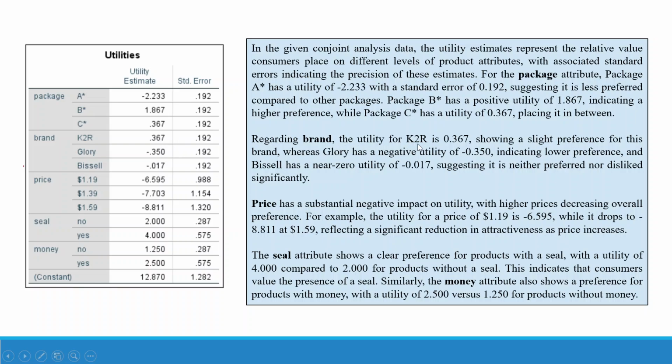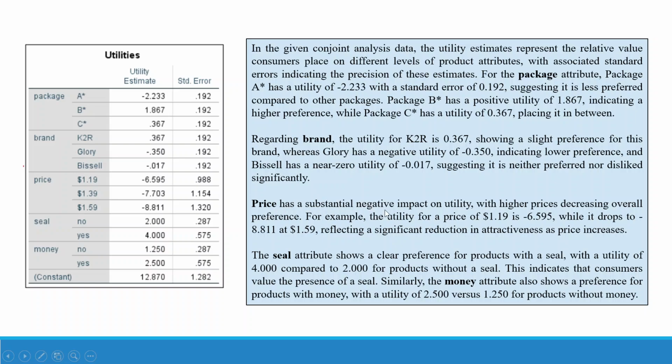The utility for K2R is 0.367, showing a slight preference for this brand, whereas Glory has a negative utility of minus 0.350, indicating the lower preference. And Bissell has near zero utility of minus 0.017, suggesting it is neither preferred nor disliked significantly.